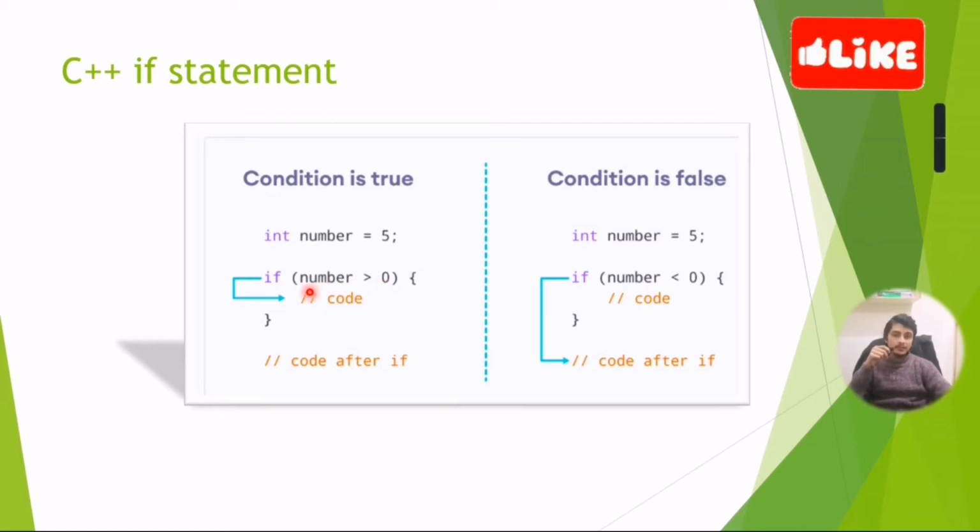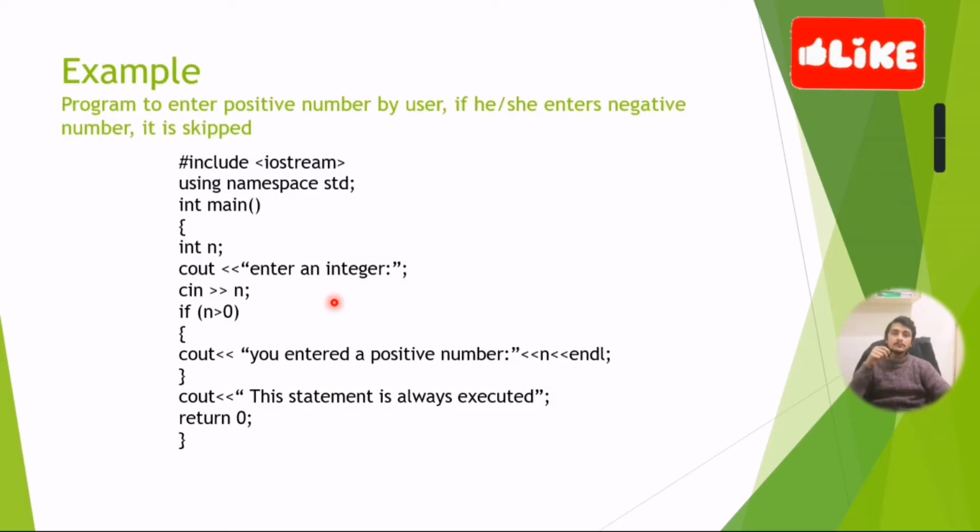If that condition isn't obeyed, then it will skip that code and read the code after the if. So if this condition is false, it will go directly to the next code. But if this condition is true, then it will read the code inside the body of the if.